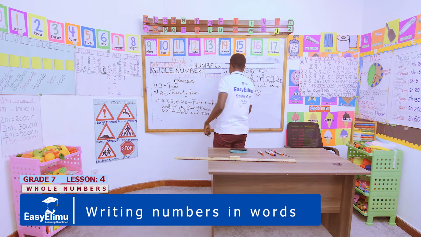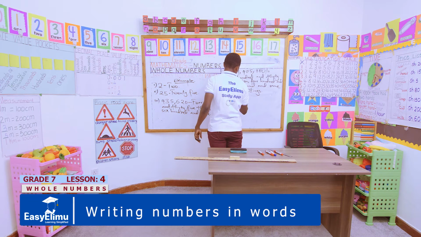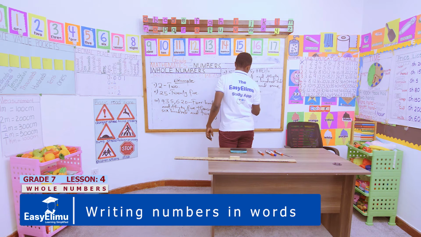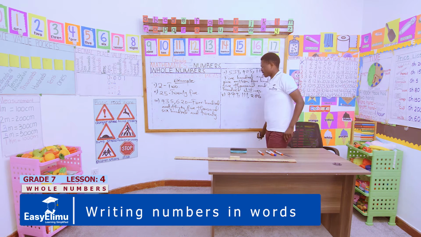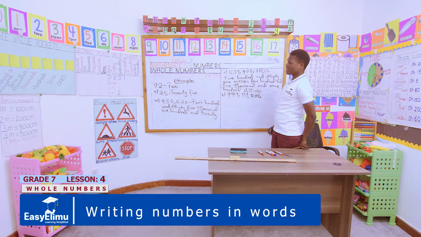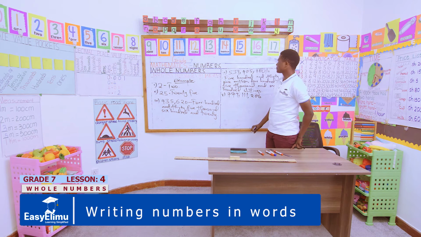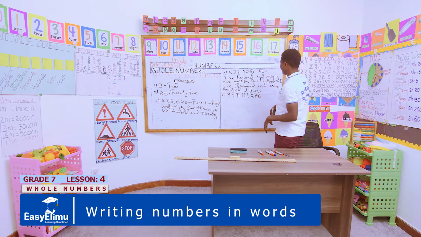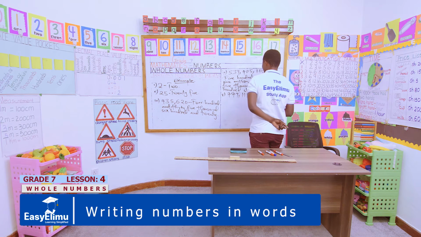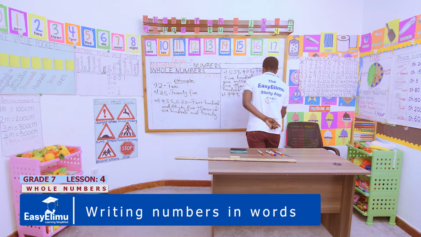So maybe to look at the last example before I give you a few questions to test you. We have a number like 779,111,200. Someone to read for us the number. Yes, Peter, what's the number? Assuming this is the number of cars currently in Africa or wherever.